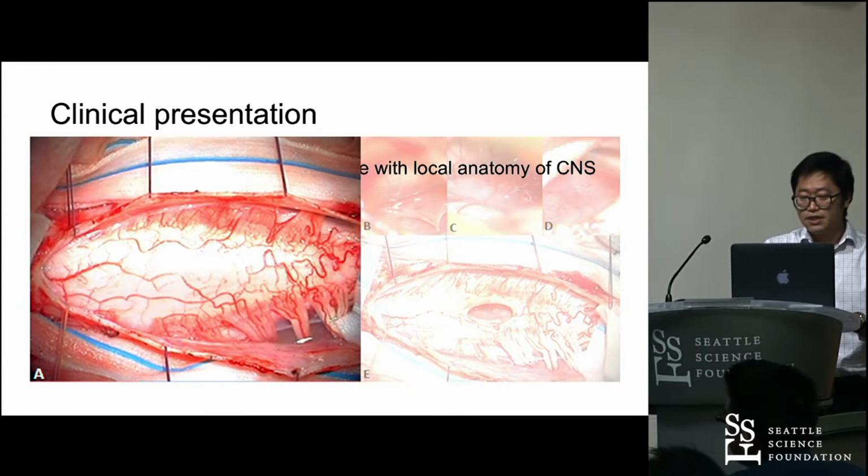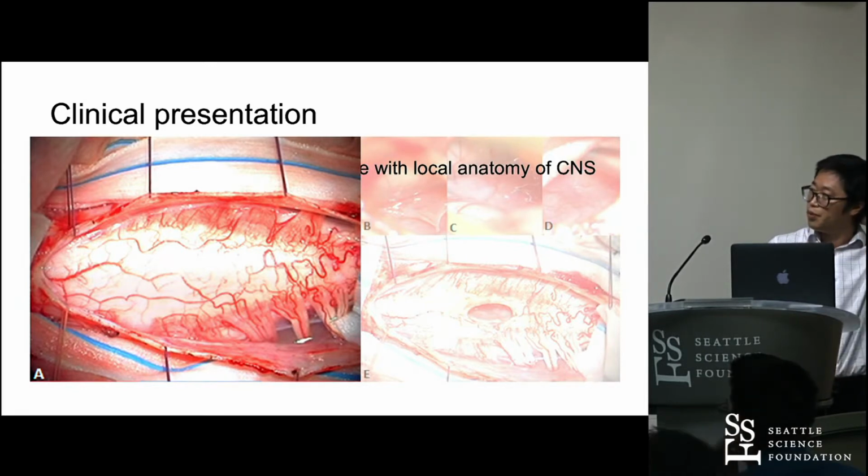This is some of the morphology of the presentation of the neurenteric cyst, done through the posterior surgical approach. The surgeon has opened the posterior aspect of the vertebra, and you can appreciate the dura over here, and the cyst sitting inside the spinal cord itself, and we can appreciate the swelling.